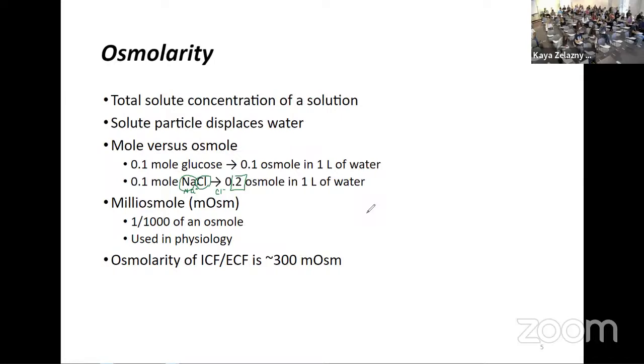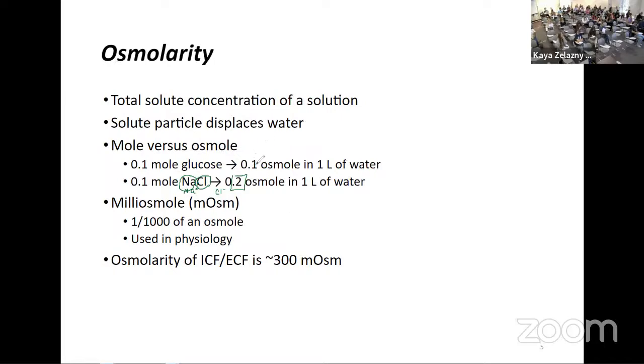That's really why we care about it, because we're thinking about this essentially as a pull on the water. So if you have a higher number, a higher osmolarity, that's going to pull water towards it because it's really indicating that you have a higher concentration of stuff dissolved in that side of the cell. So that water is moving towards it to water it down.